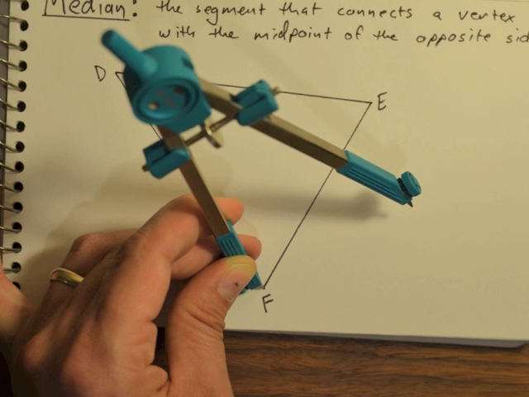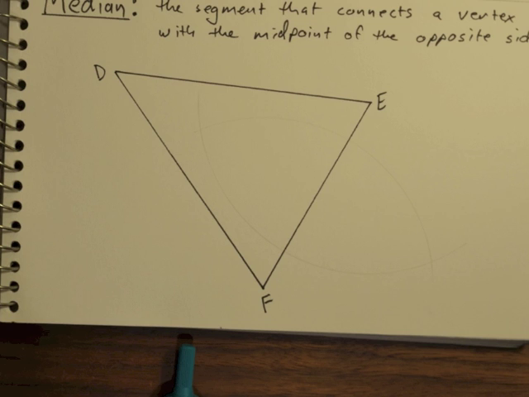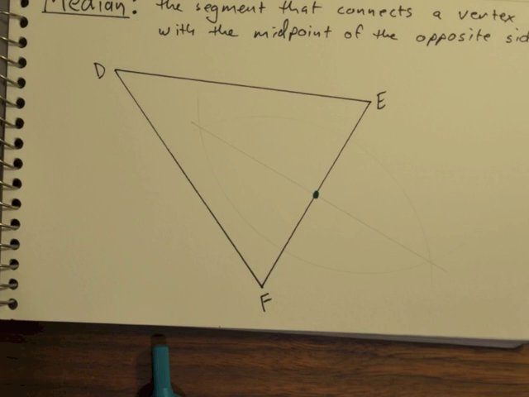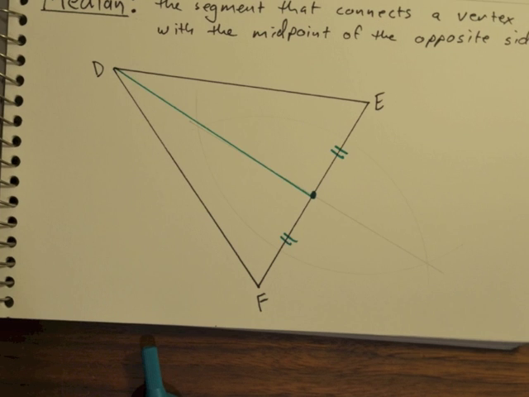If you'll recall the midpoint construction, I've got my point on F, and the compass is open to a size greater than half the distance. And you can see in light pencil there, I've got 2 intersection points. And that determines the midpoint. And then I'll just connect vertex to midpoint.